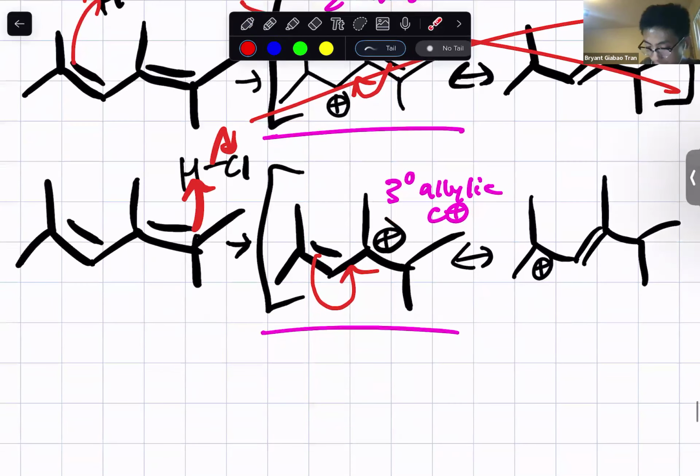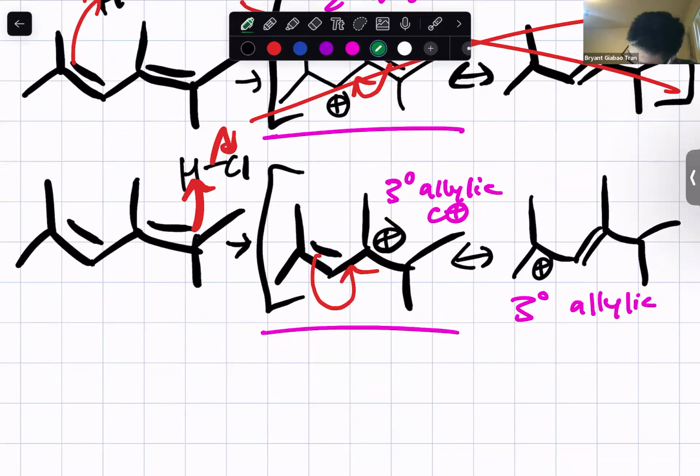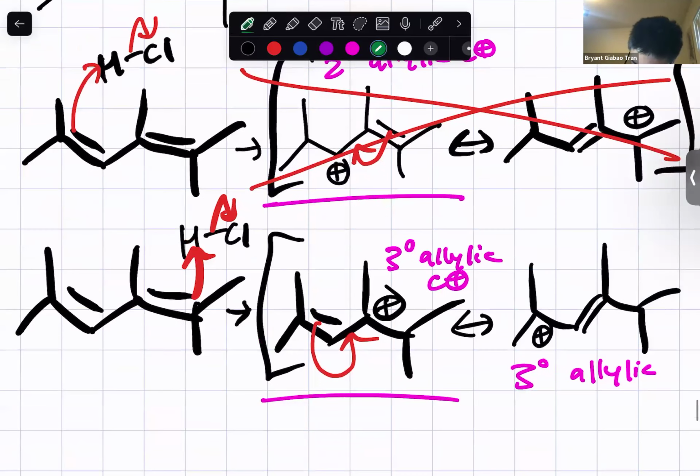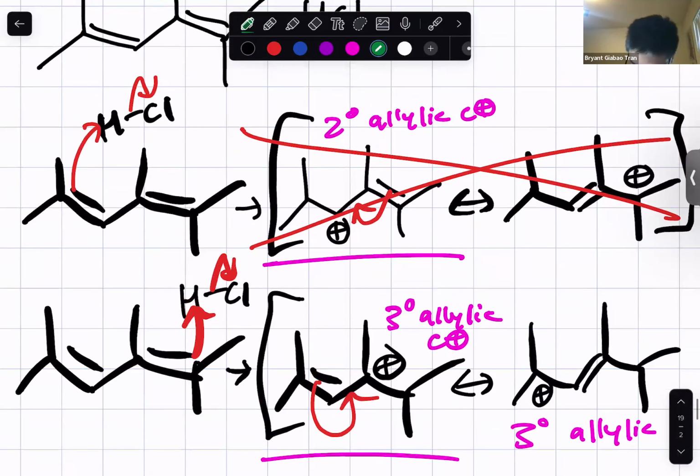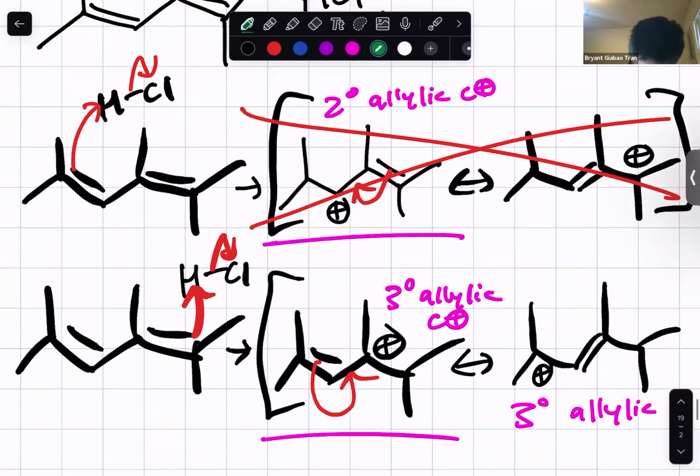Right, now let's classify this one. Oh, this one is also tertiary allylic. But now let's do the substitution of the double bond. This double bond here is, okay, this is a weird example. Trisubstituted.